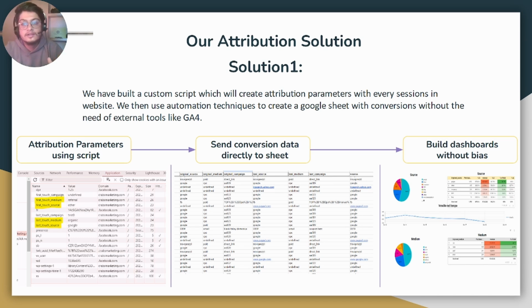We can create a Google Looker Studio dashboard without any bias, which will provide a different source of truth about all the purchase events. I have seen this is a better solution than relying only on Google Ads conversion data, or only on Meta Ads, or only on Google Analytics for conversion data.